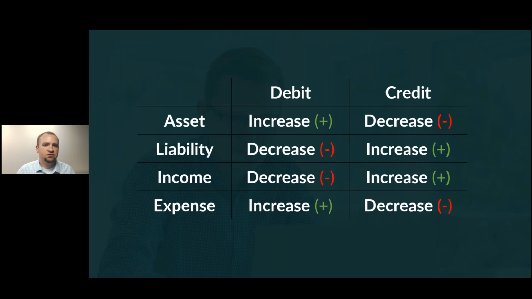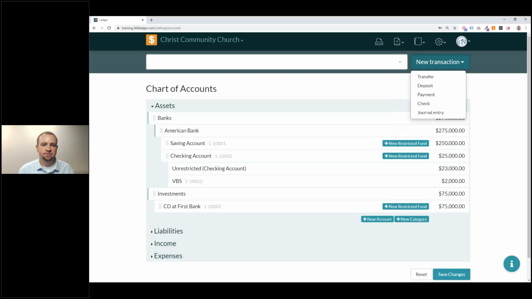But we've created these transaction paths so that you don't have to think about this. You know, this information here is burned into the brains of accountants. But for those of us who are not accountants, when we get into this, this is almost like speaking a foreign language. That's why we have Church360 Ledger doing these kind of things for us.